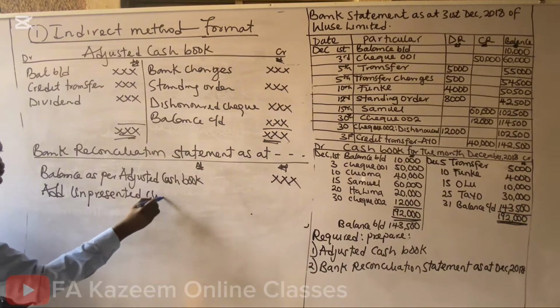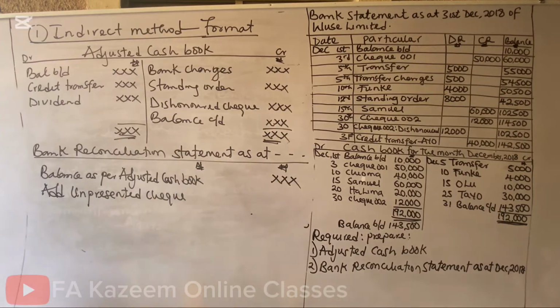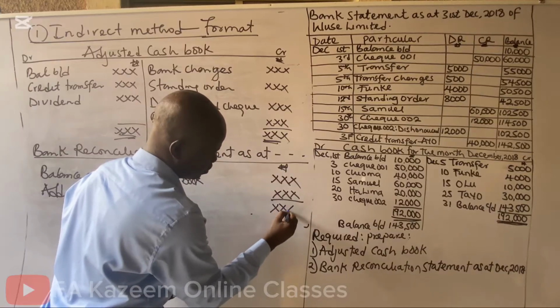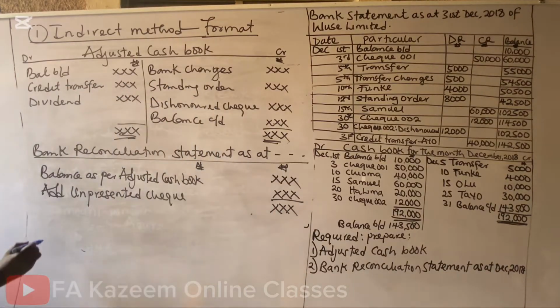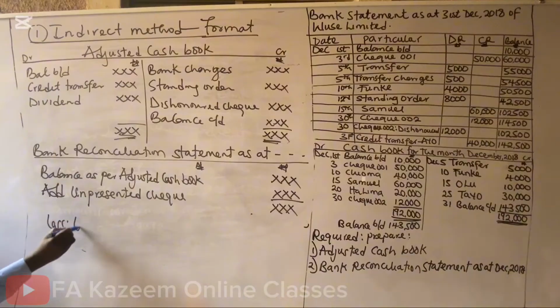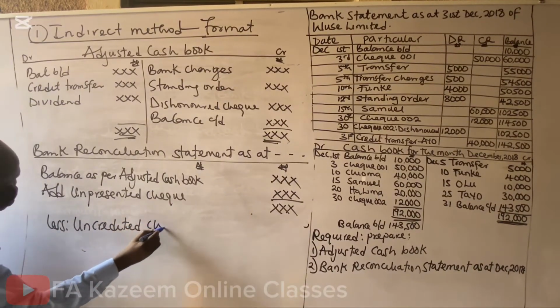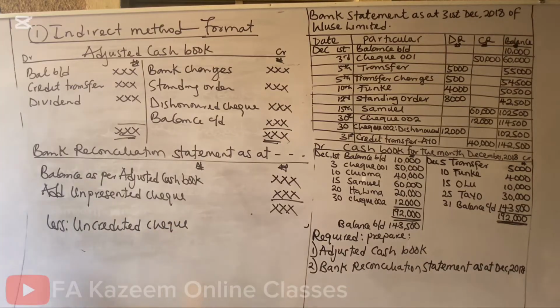Once we add unpresented check, we have this. We said less uncredited check.